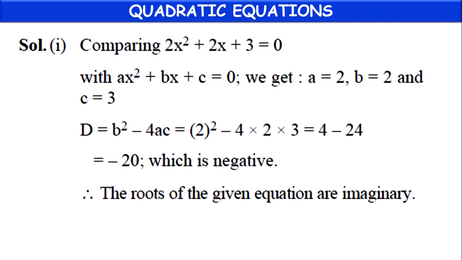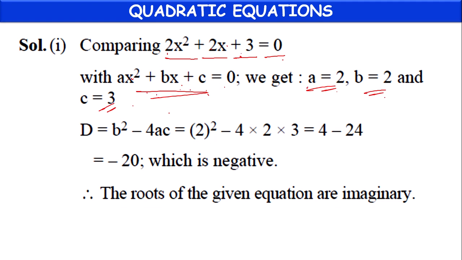First question, children: we have the equation 2x square plus 2x plus 3 equals 0. Comparing with the general equation ax square plus bx plus c equals 0, a is 2, b is 2, c is 3.